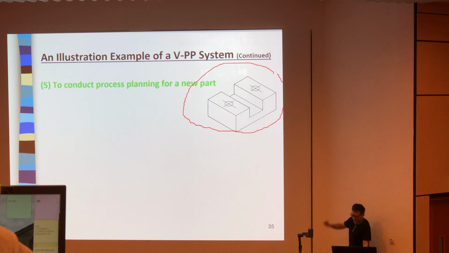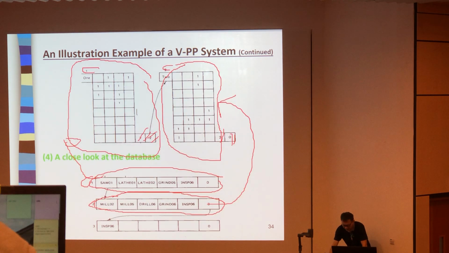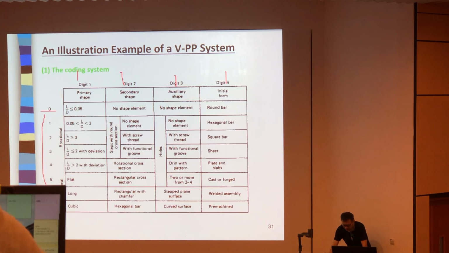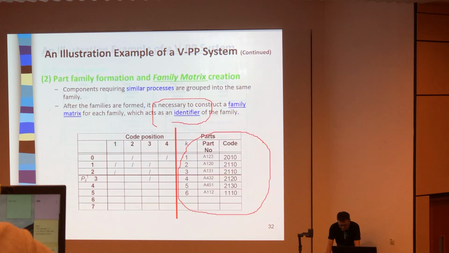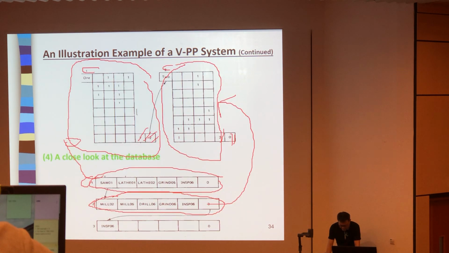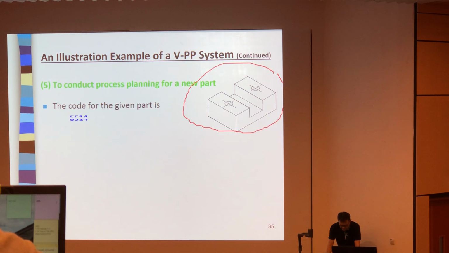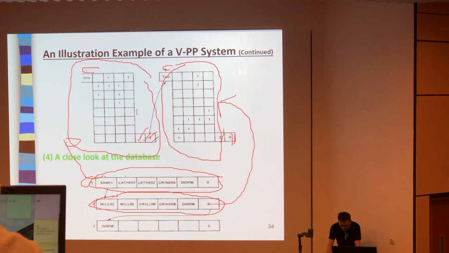It's very simple. So the first thing is, for this particular part, we need to conduct a coding process by using the same coding system we employed during the preparatory stage. And the result here, 6514.